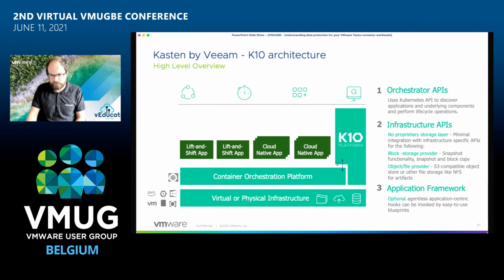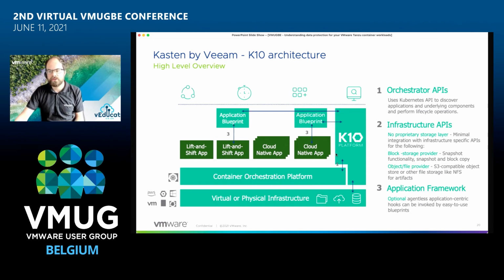And if I just build out this slide somewhat, they have the underlying orchestrator platform itself, which is the K10 platform. That's going to set up your policies, protection schedules and lifecycle operations for protecting that data.